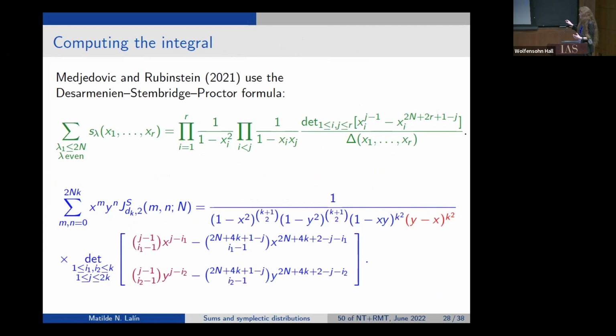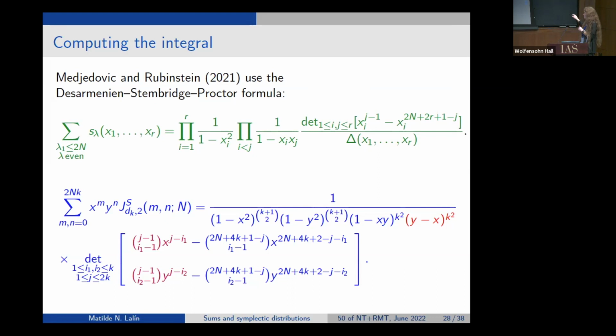Many of these ideas came from discussions, like I said, in a group working on gamma kc, and in particular the work of Matilde and Rubinstein, where they came up with using a formula called the Amdeberhan-Stembridge-Proctor formula. One can write the sum over two functions now as a determinant. This is in the literature actually.